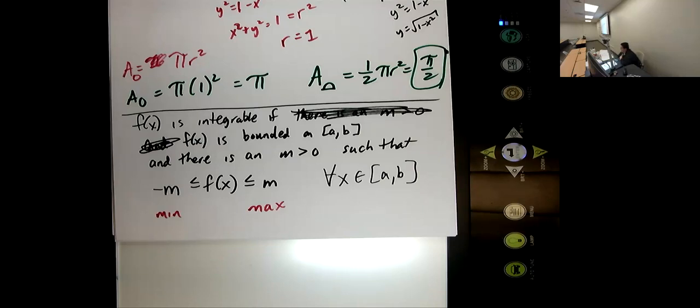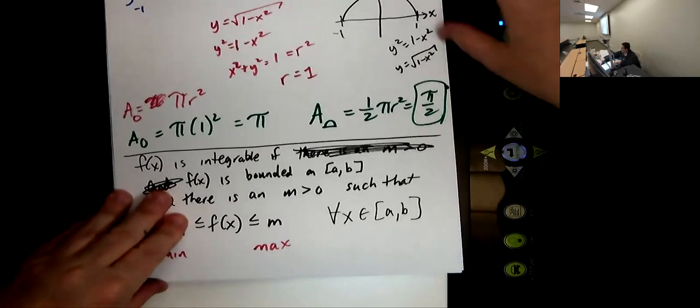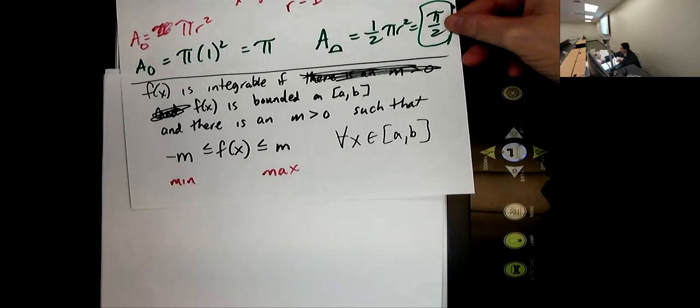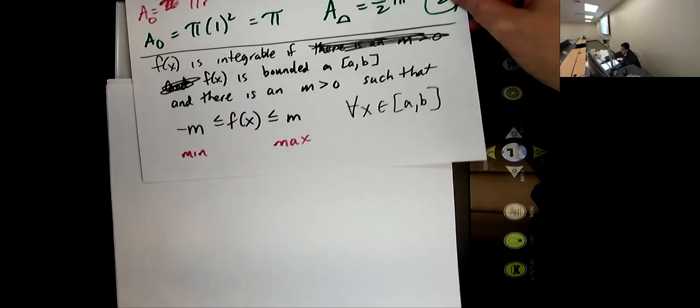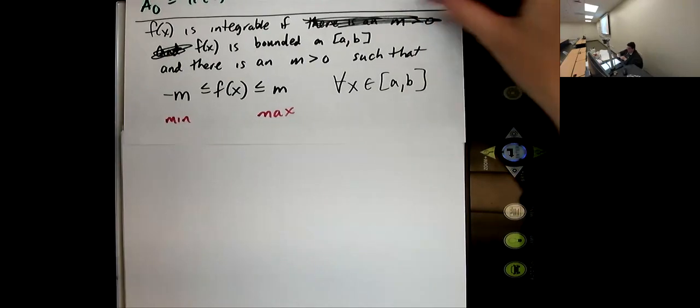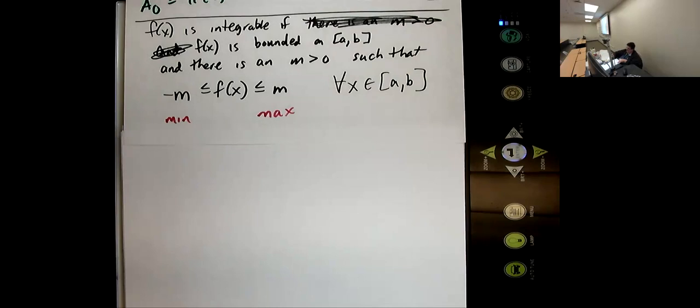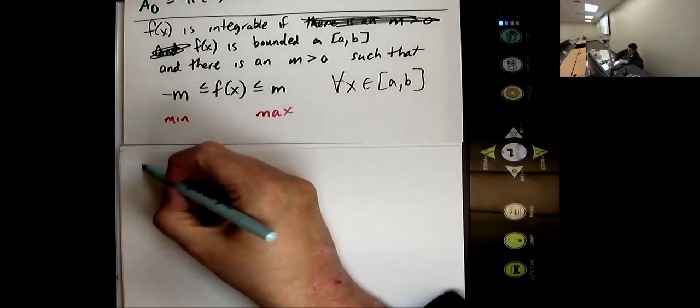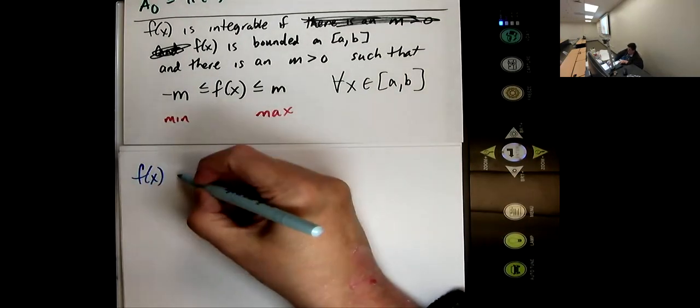Wait, so with the graph like an asymptote, would that not be integrable? f of x equals 1 over x is not integrable, as long as 0 is in the domain or in the region. That's an excellent identification of that, Preston.